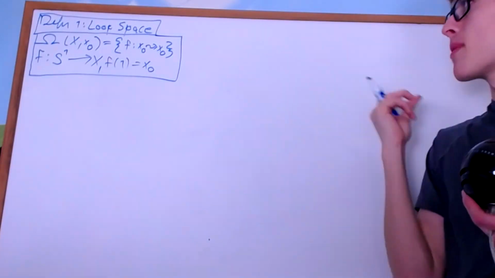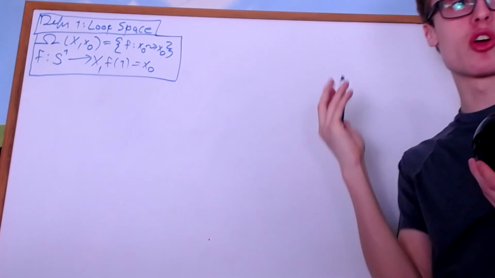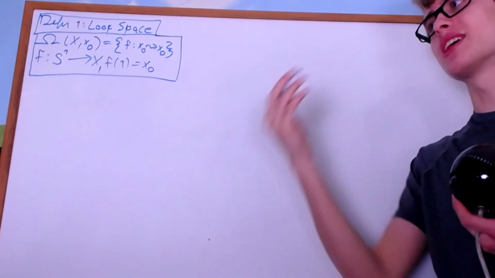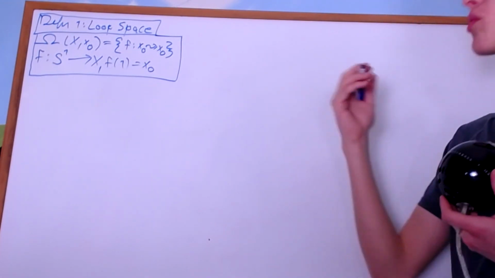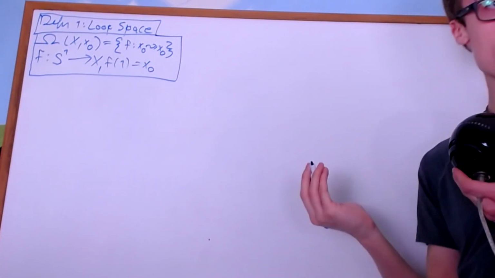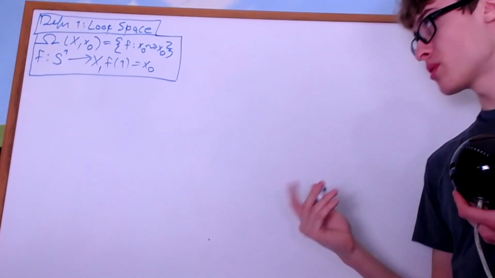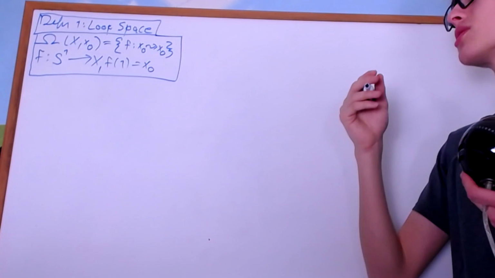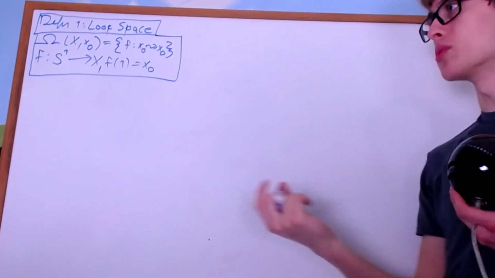Now you might remember that we actually didn't just look at the loops, we actually looked at their homotopy classes, because that way you could have inverses and identities and associative properties. And so if we're wanting to find out a group, we're going to want to have those properties. And so when we're actually defining the fundamental group, we're not going to look at just the loop space. We're going to look at the loop space where those loops are equivalence classes of loops.